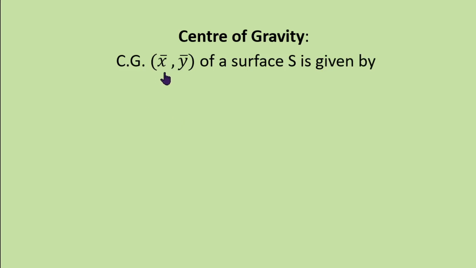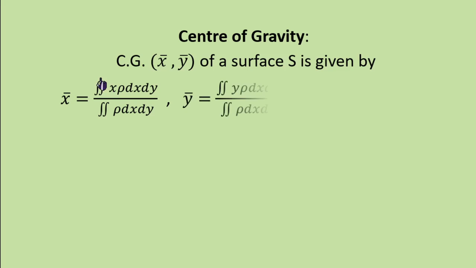Now, we will discuss the center of gravity. Center of gravity formula in Cartesian form: the center of gravity of a surface S is given by x bar is double integral x rho dx dy, rho is density, divided by double integral rho dx dy, and y bar is double integral y rho dx dy divided by double integral rho dx dy.